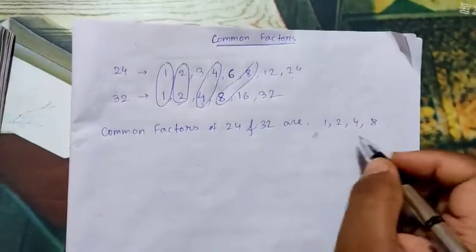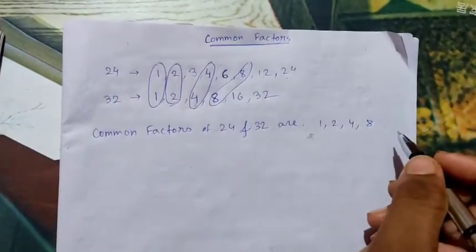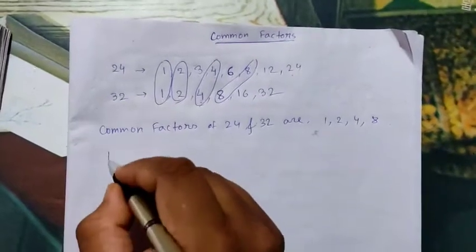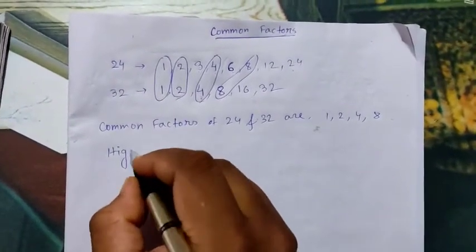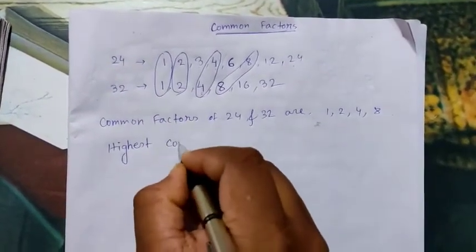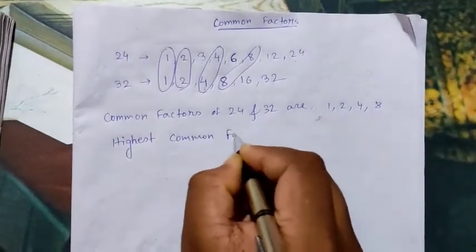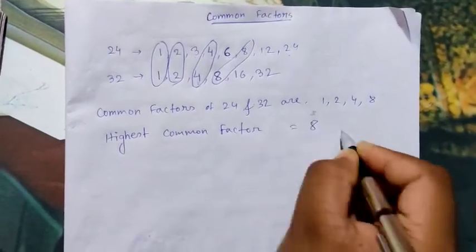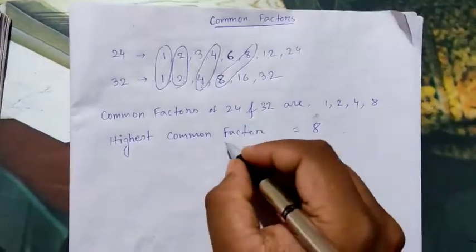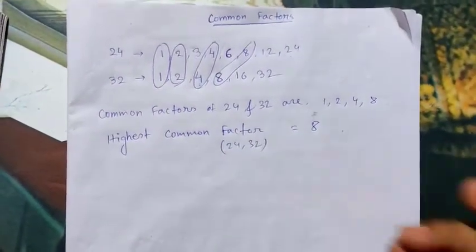These 4 are the common factors between 24 and 32. Now we have to find the highest one. If I want to find the highest common factor, that is 8. So the highest common factor of 24 and 32 is 8.